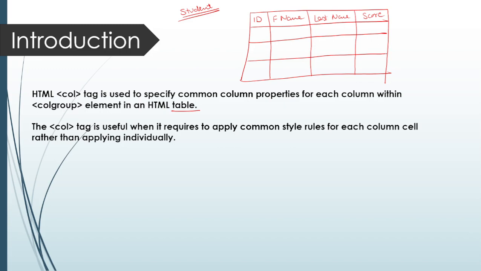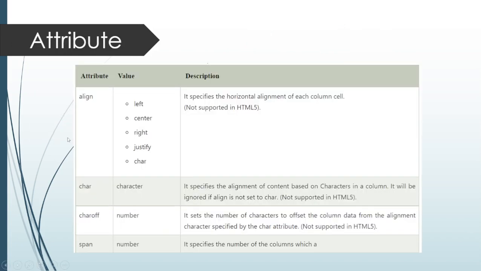So let's say this is the student table. If I want all the columns of this particular section, ID and first name, to have the same properties, then I can use the col tag under the colgroup element. So this is how you can create a col tag. In this video, we'll discuss everything practically, right?